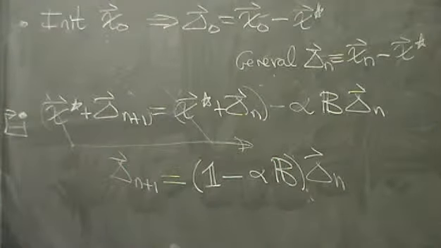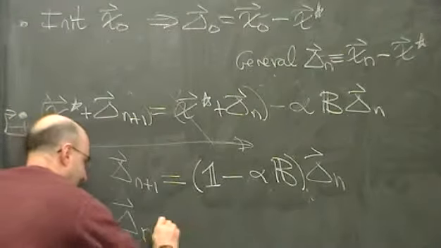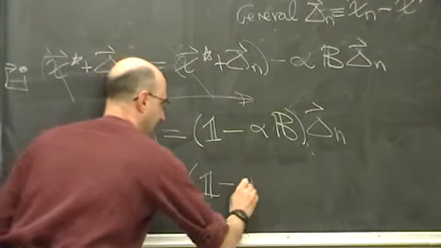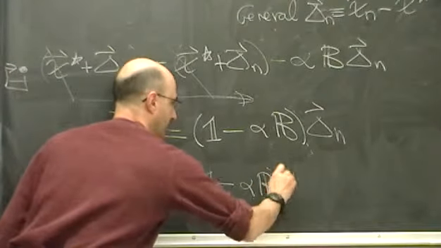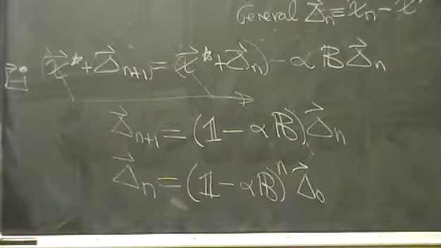So the iteration just applies a certain operator to the error at each step. And that also makes it easy to write down the error on the nth step, because that's just going to be n applications of the corresponding operator. That was easy. Good.